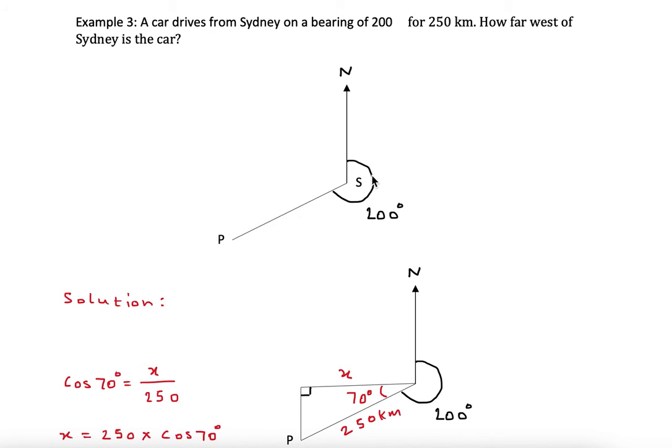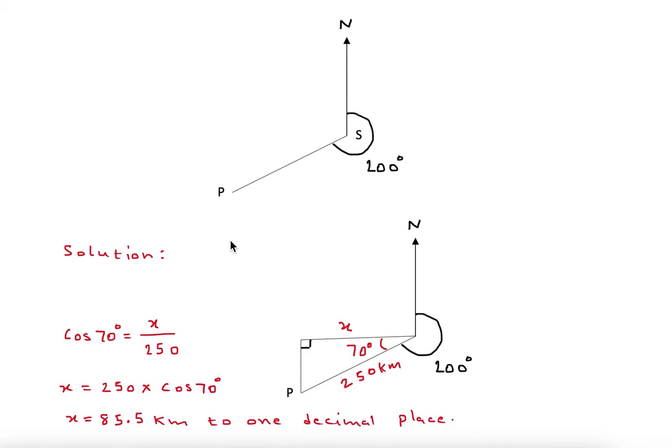In that direction, it's been driving for 250 kilometers, and now it has reached here. So it left Sydney and went in that direction and reached the point P. We want to see how much west of Sydney this point is.